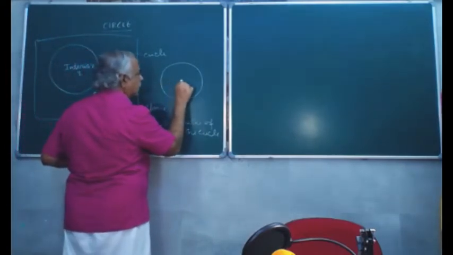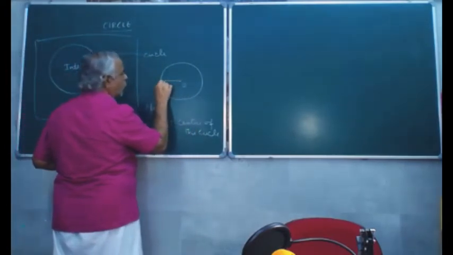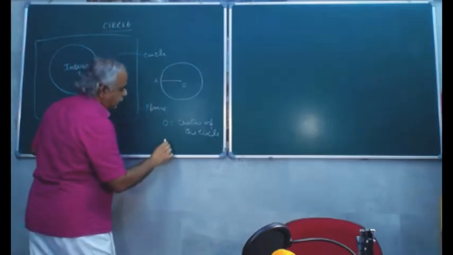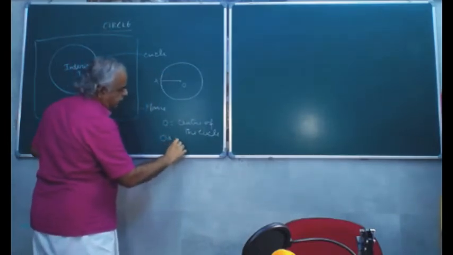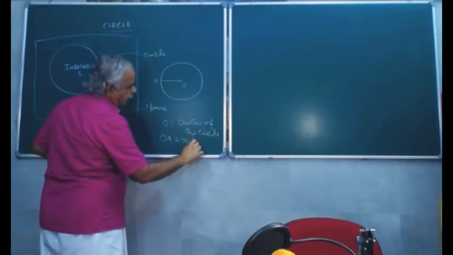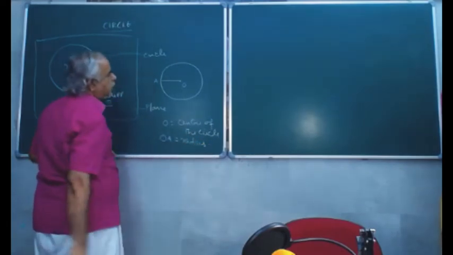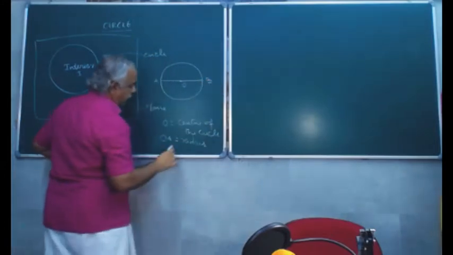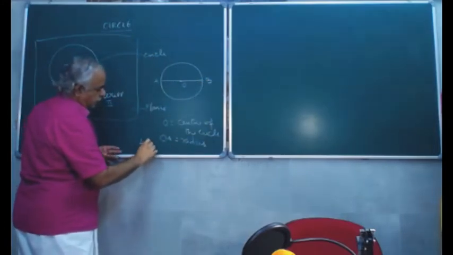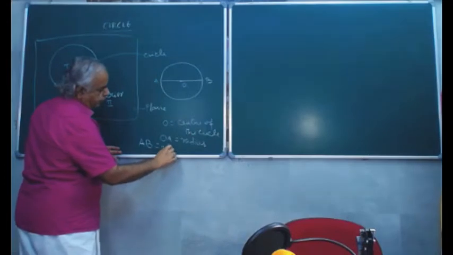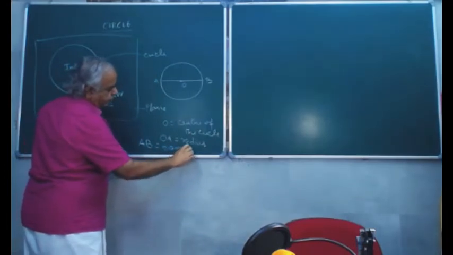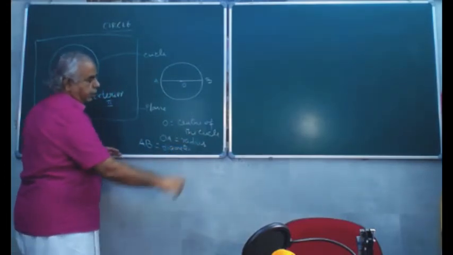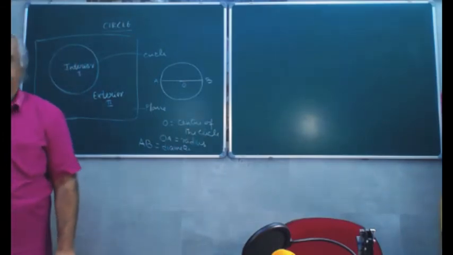Let us consider OA, that is the radius of the circle. Let me extend this to B. Now AB is the diameter.